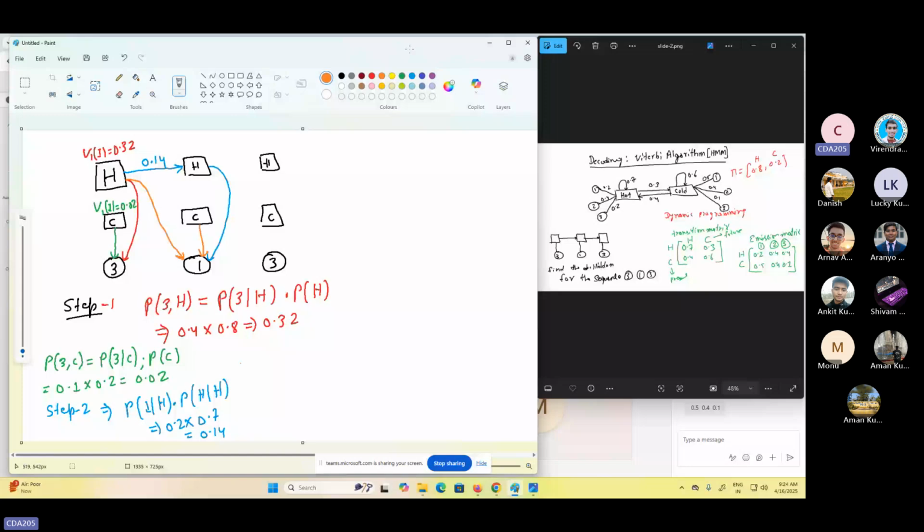It will be P(1|C) into P(C to H). So it will be 0.5 into 0.3, which is 0.15. So it becomes 0.15.